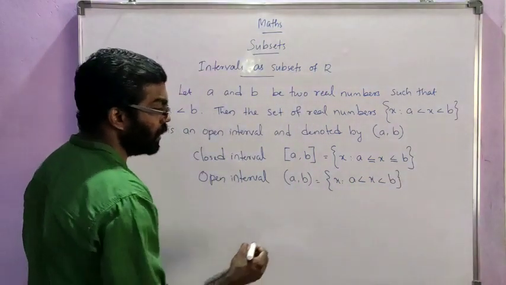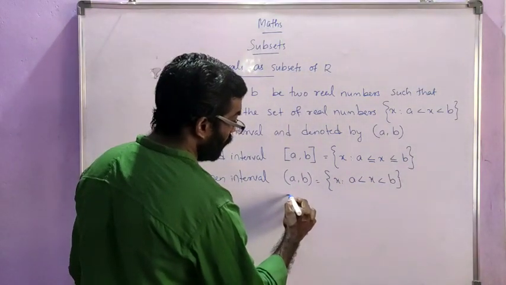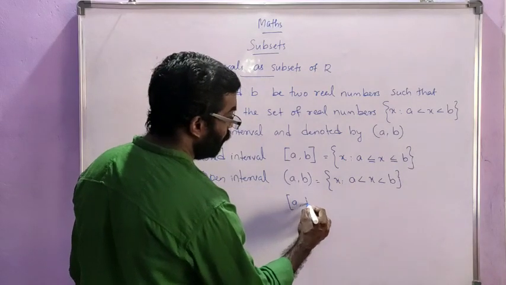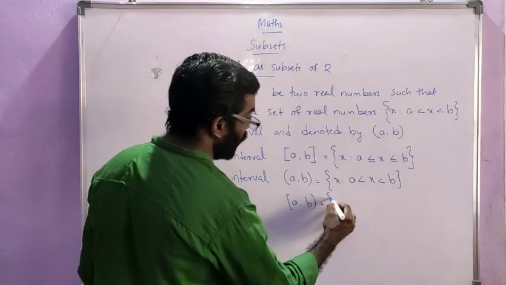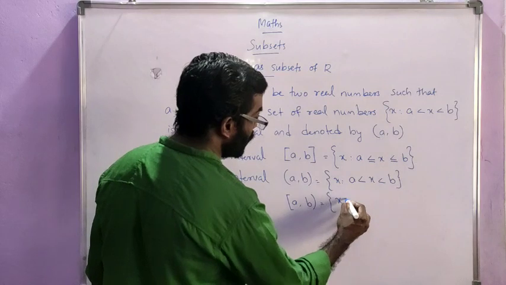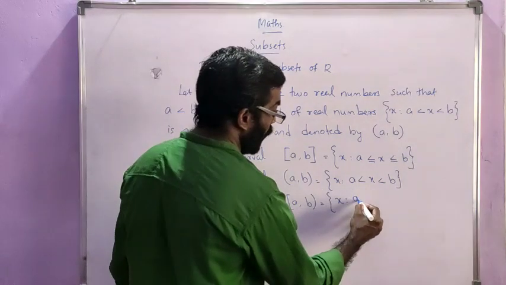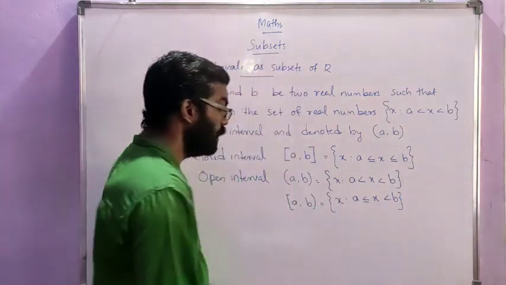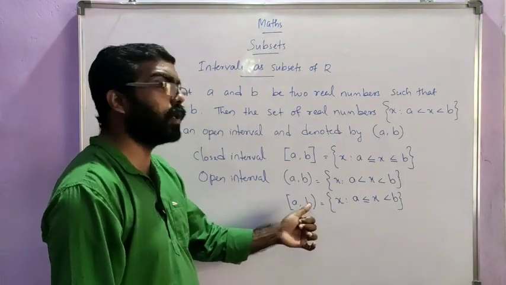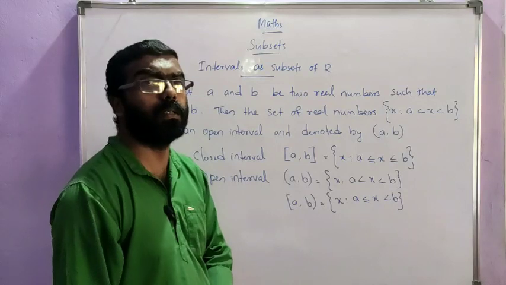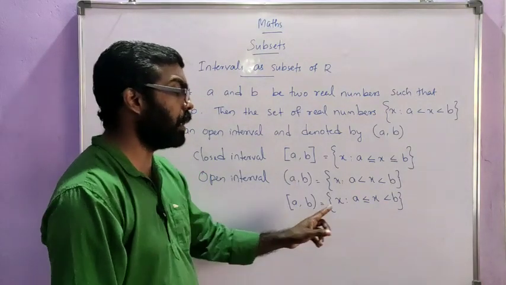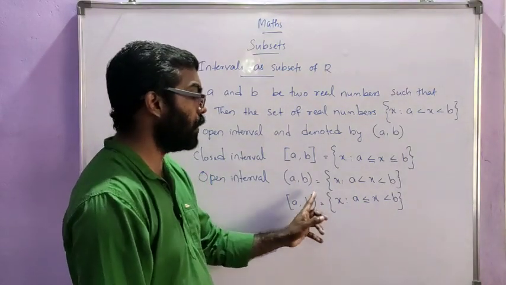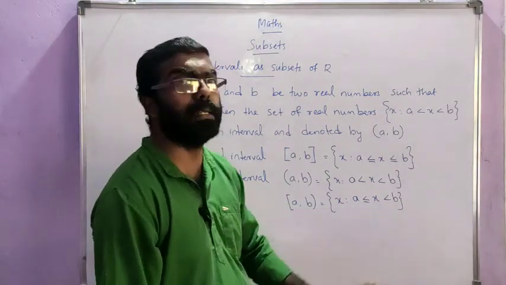Now there are two more intervals. Closed A, B open is equal to the set of all x such that A is less than or equal to x, less than B. That means A is included but B is excluded. For the closed part we write less than or equal to, and for the open part we write the symbol less than.